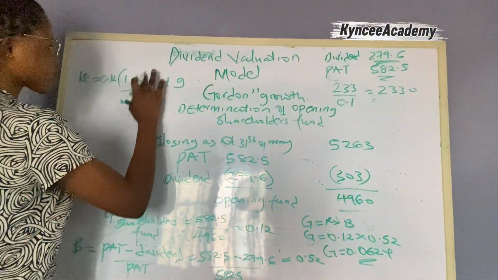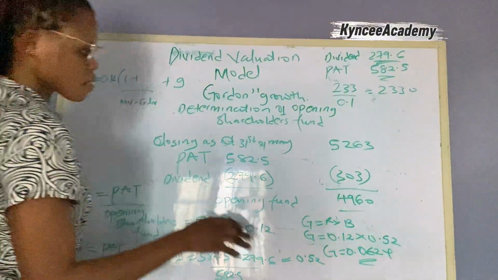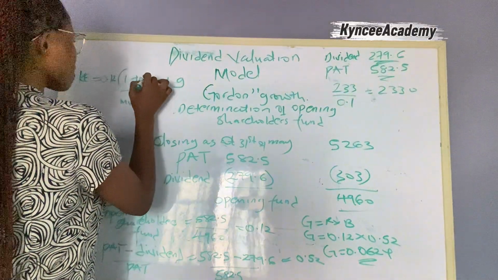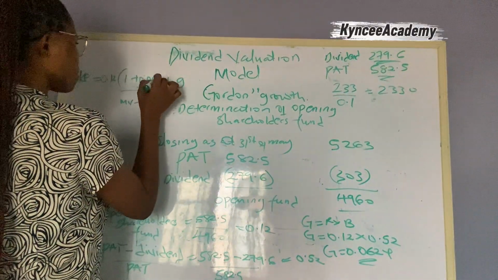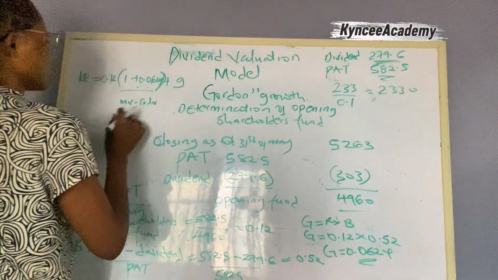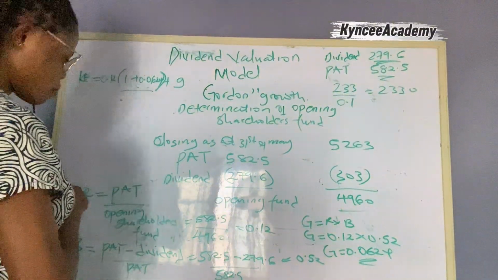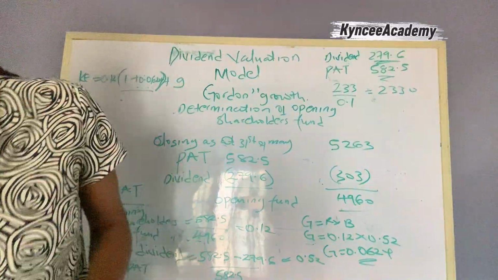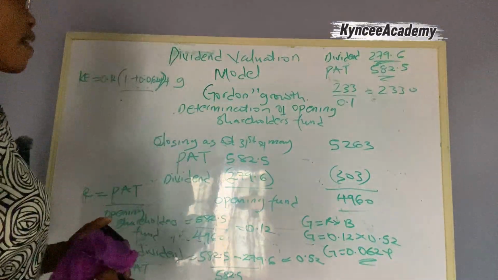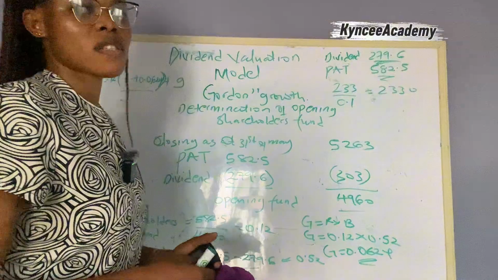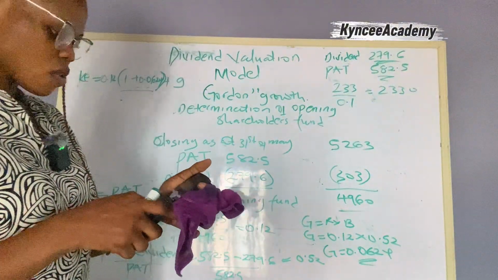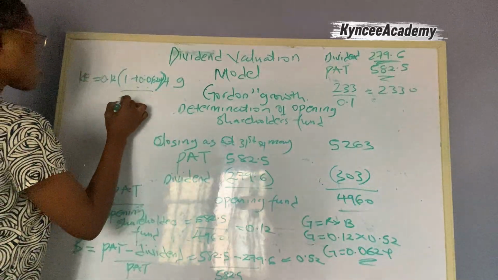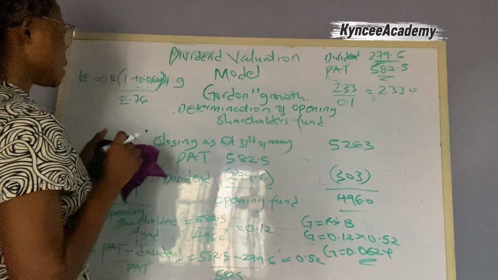So the growth rate is going to be this figure, which is 0.0624. Then our market value. What was our market value? I have to check this question again. Okay, our market value, which was 276 divided by 100, which was 2.76.